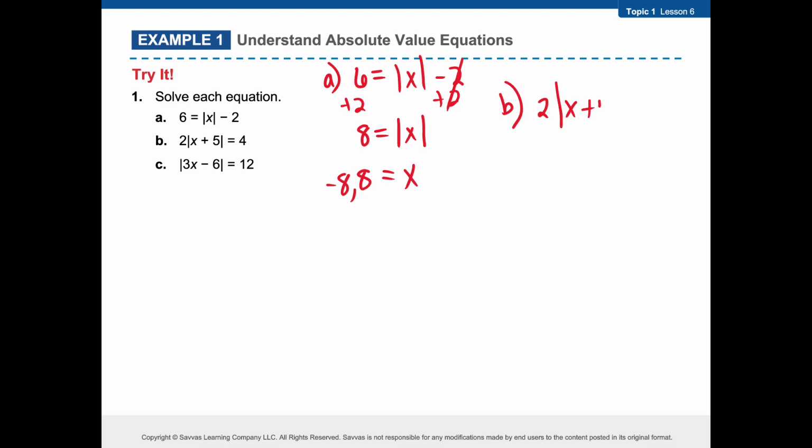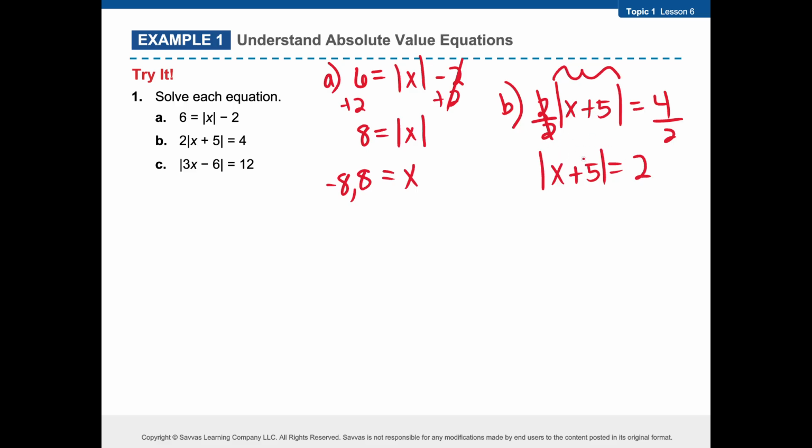Letter B, this is not distributive property. So to isolate the absolute value bars, divide by 2, keep the absolute value.